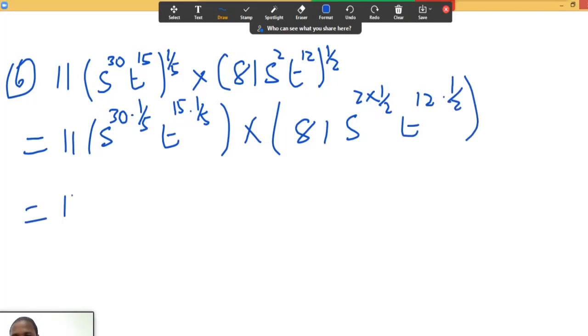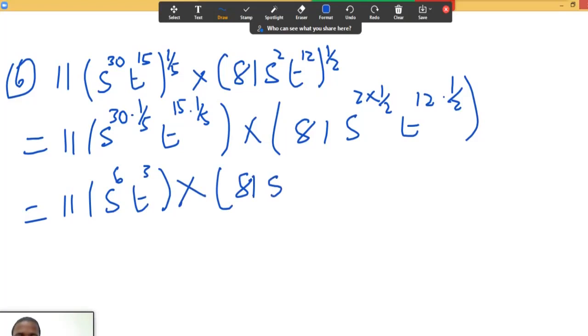This is nothing but 11 into, so 30 divided by 5 shall give us s to the power 6, and then we shall have t, 15 divided by 5, it gives us 3, and then we close our bracket. We have a multiplication, we have 81 s, because 2 times half is just 1, and then 12 times half, 12 divided by 2, that should be t to the power 6.